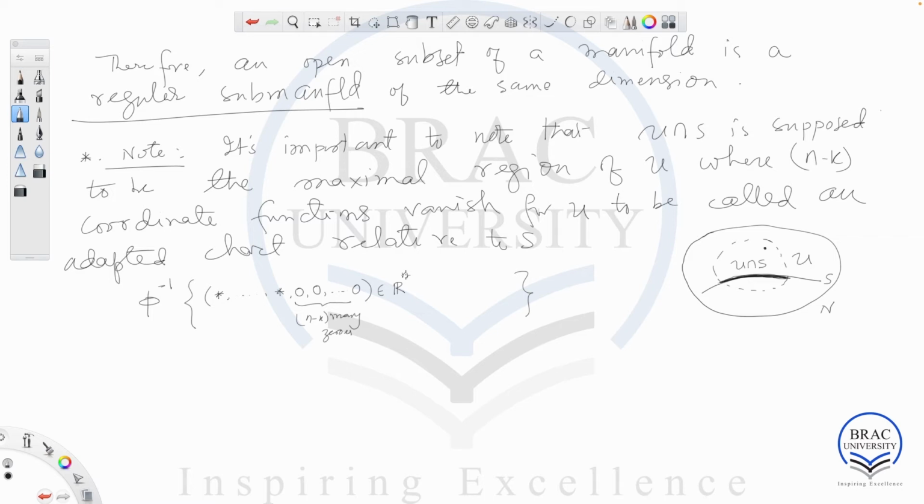If I take this set and take the inverse image of this set under phi, that is going to be U intersected with S. So I take all such elements and they constitute a set in R to the n, and the inverse image of that set under phi is U intersected with S.